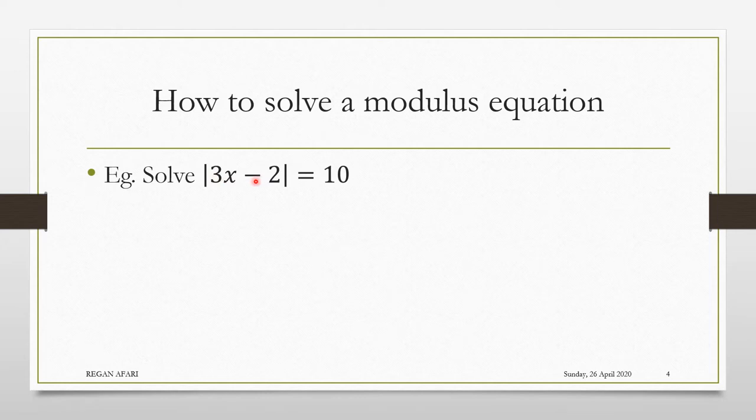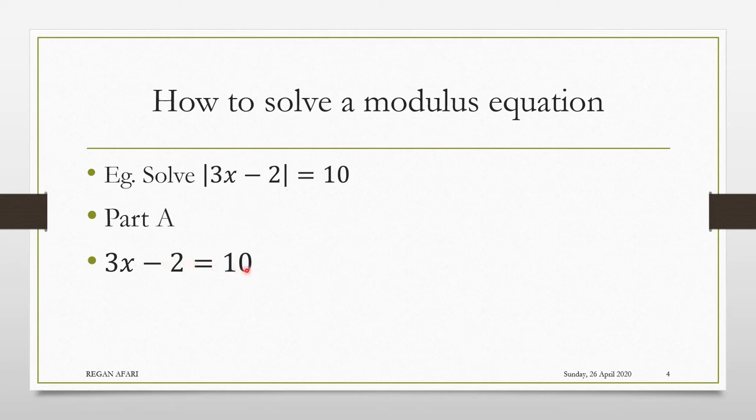If this is a positive number, then 3x minus 2 is equal to 10.